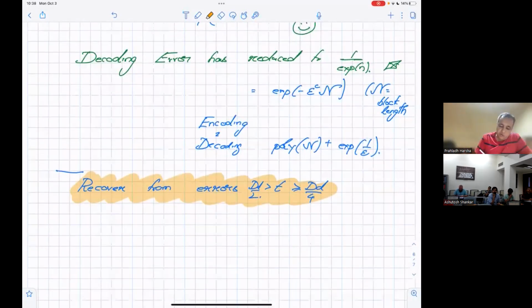Let's look at two extreme cases of Dd by 2 errors.